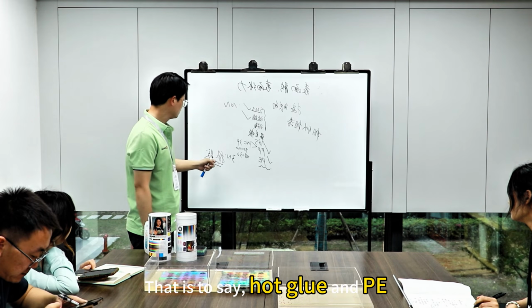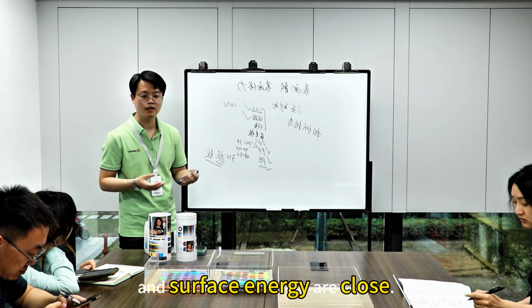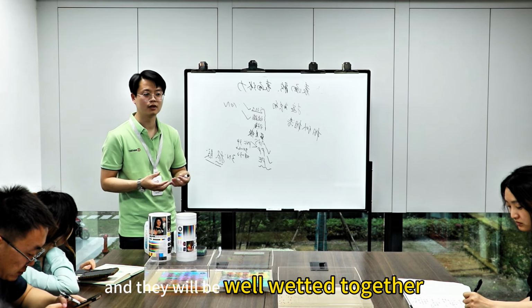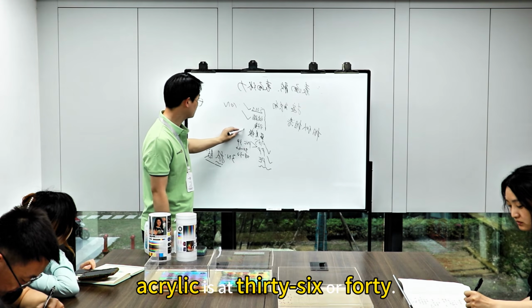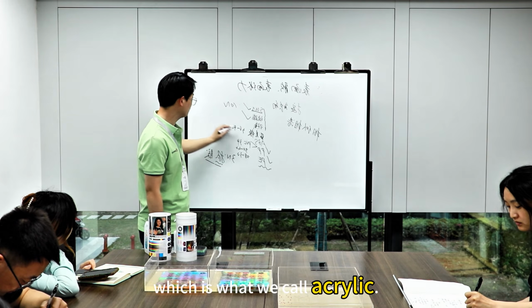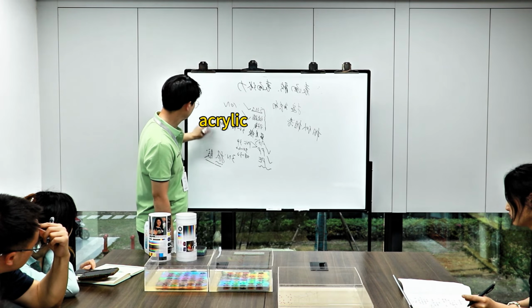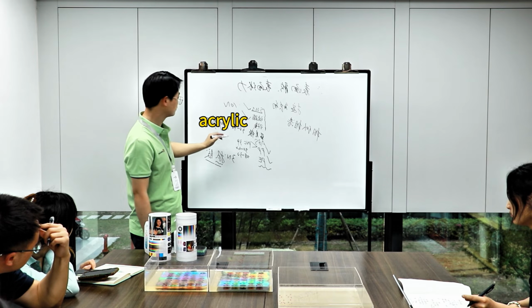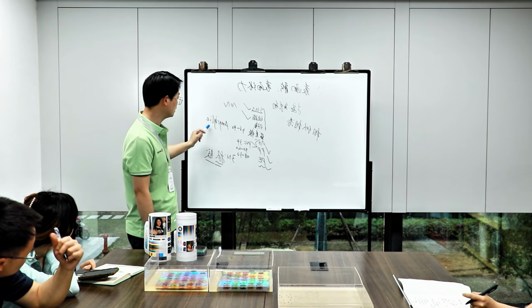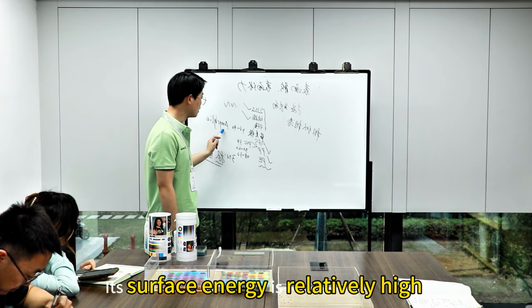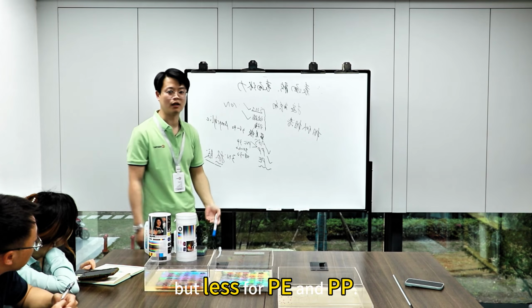That is to say, hot glue and PE have similar polarity, and surface energy are close, and they will be well wetted together. If you use acrylic, acrylic is at 36 or 40. The commonly used water-based and oil-based adhesives are acrylic. Its surface energy is relatively high, so it has a strong adhesion to steel plates and glass, but less for PE and PP.